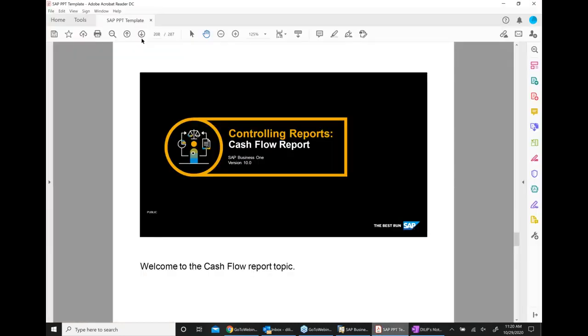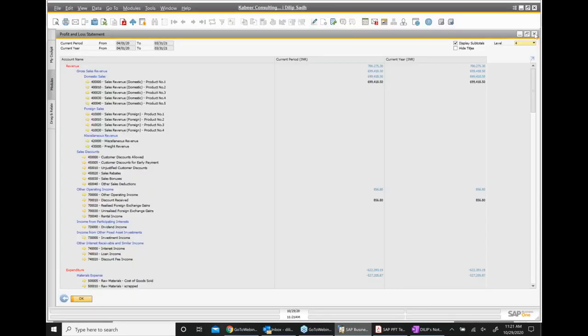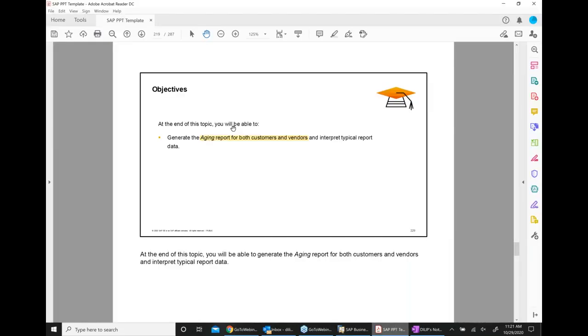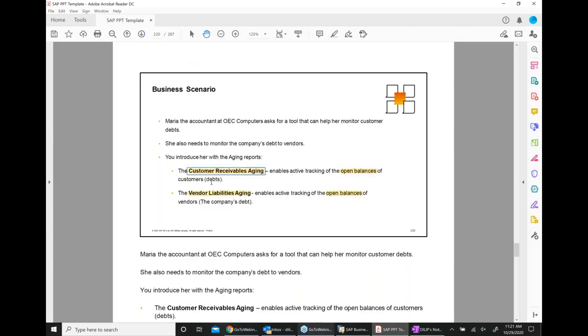Here we have customer receivable aging and vendor liability aging, which is another report.